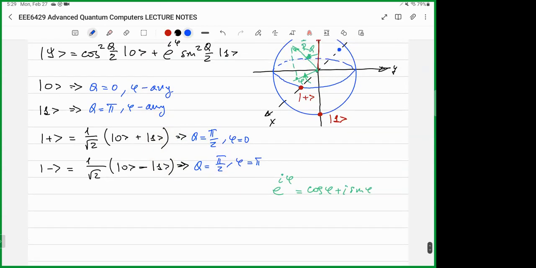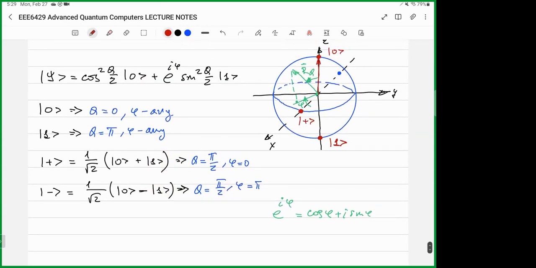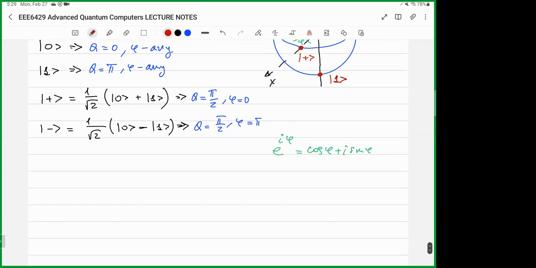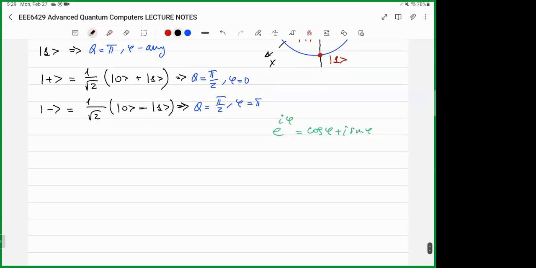Yep. And this point is actually this one. So this is the state minus, the superposition state minus. And so next, let's consider this state plus i.